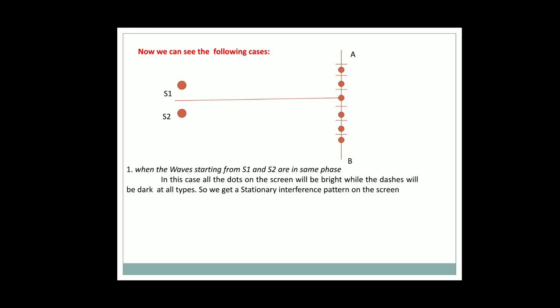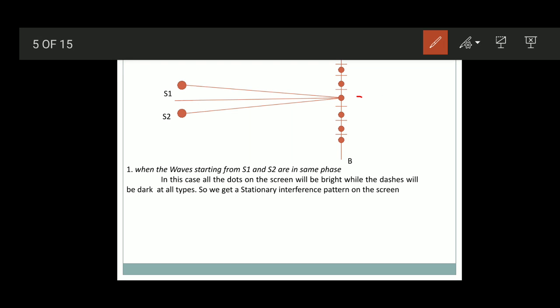Now we can see the following cases. There are S1 and S2 here. The waves will move from S1 and S2 to the center point. In this case the path difference is 0, so the phase difference is also 0. It is nothing but that S1 and S2 are in the same phase.